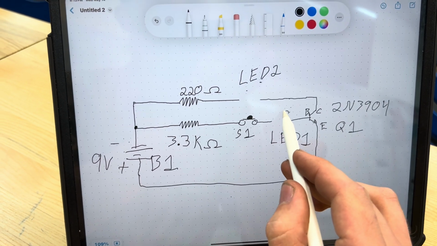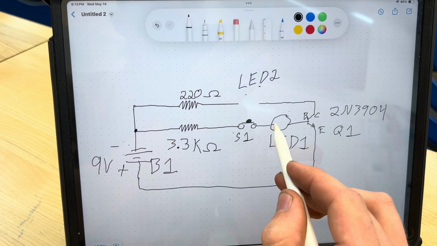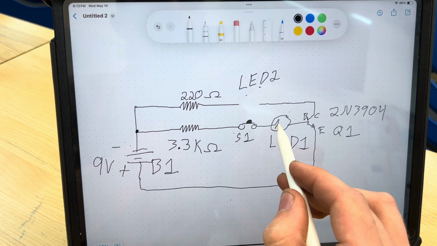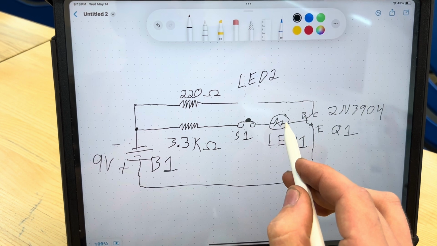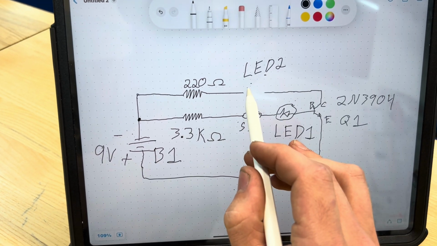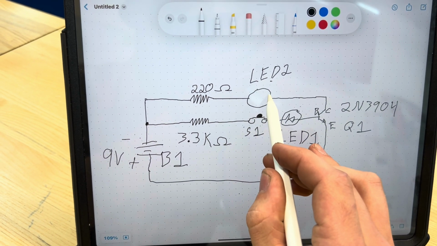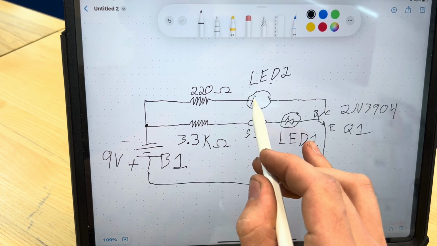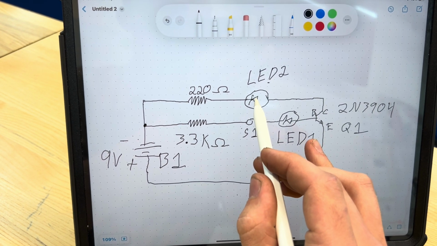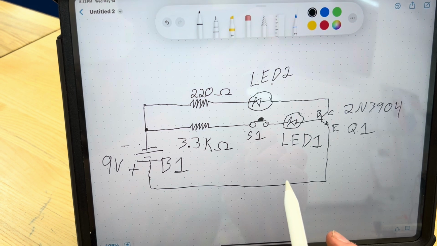Okay, so that one's flipped. And that one's flipped as well.